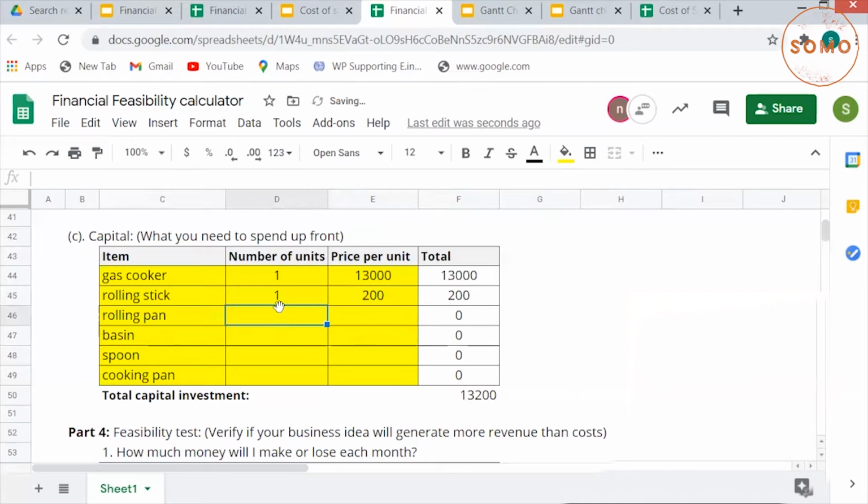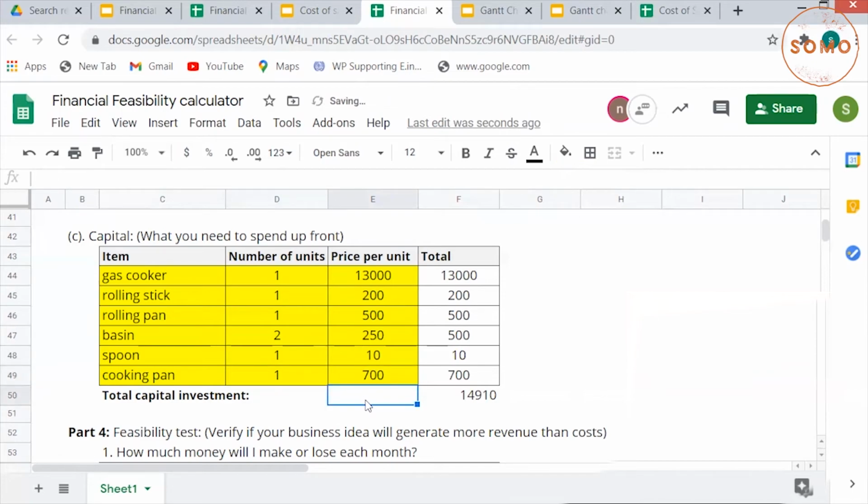The rolling pan will also be one piece, which goes for 500 shillings. A basin will be two pieces, each going for 250 shillings. A spoon will be one piece, going for 10 shillings. A cooking pan will be one piece, going for 700 shillings.